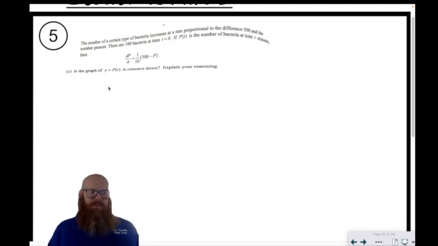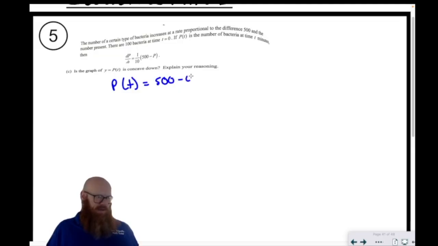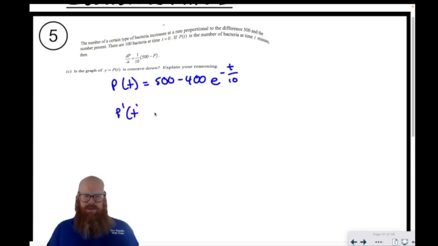All right, I'm going to just take our answer from part A, which was 500 minus 400 e to the negative t over 10. And I'm just going to find the second derivative. So p prime of t is, 500 goes to 0.